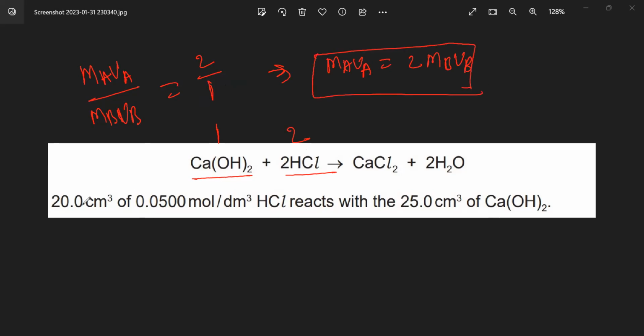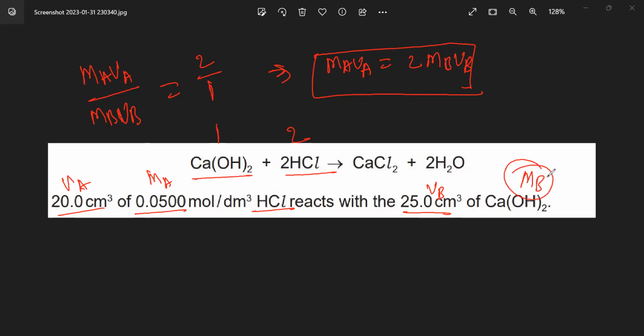Now let us see what is being asked by the question. So 20 centimeter cube of 0.05 M HCl. So this is your volume of acid, this is your concentration, that is molarity of acid, and they have given volume of base, and obviously they can ask only one thing, that is molarity of base here.